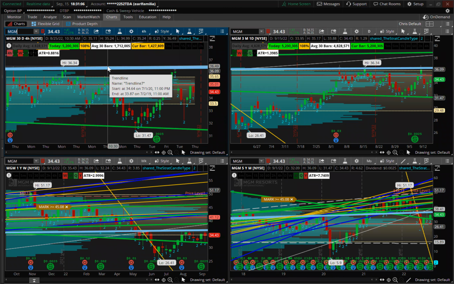So we had the rev strat on the day. We are 2 down on the month, 2 up on the week, even though it's red. It looks like we came close to that yearly broadening formation level, and we gapped down from there, and we're pushing back up.